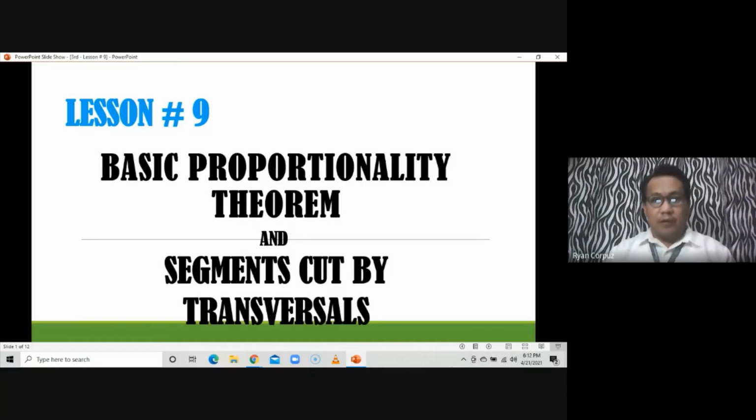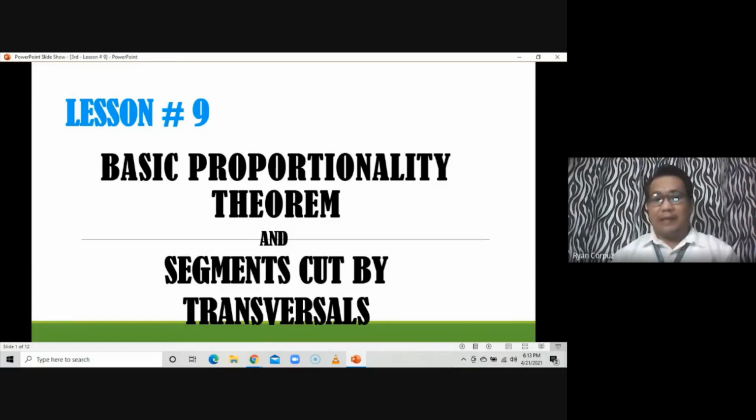You know already how to solve an unknown value in a given proportion. So all you have to do is apply how you solve for it, with the help of the basic proportionality theorem as well as segments cut by transversals.